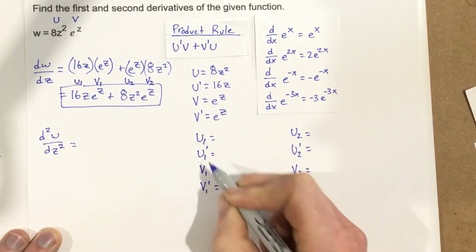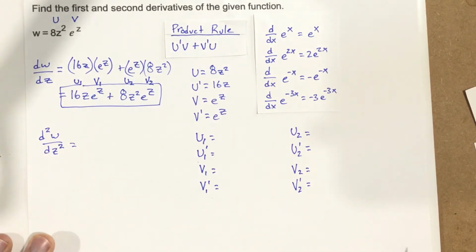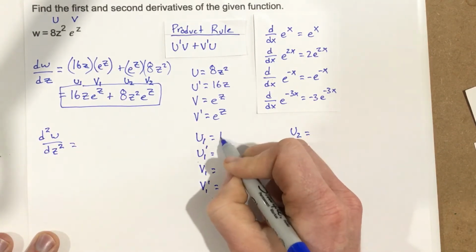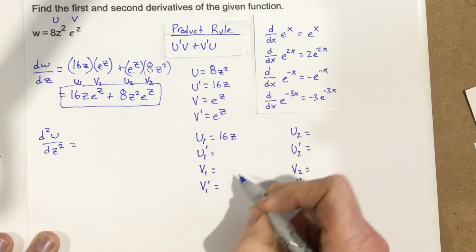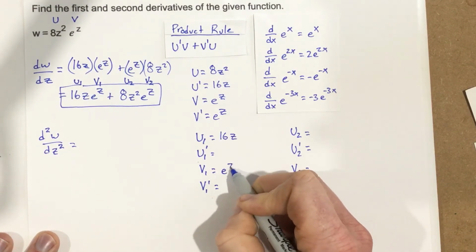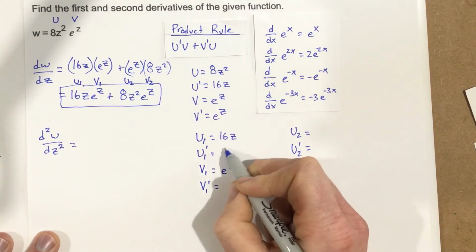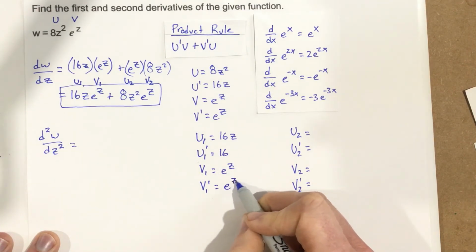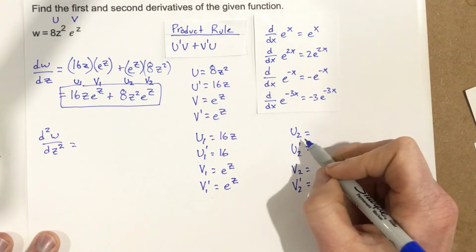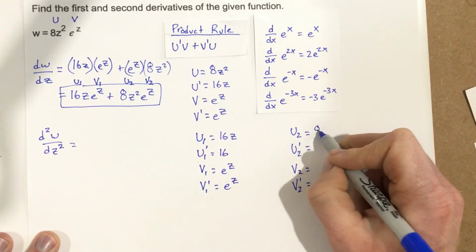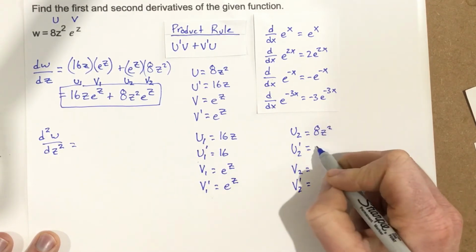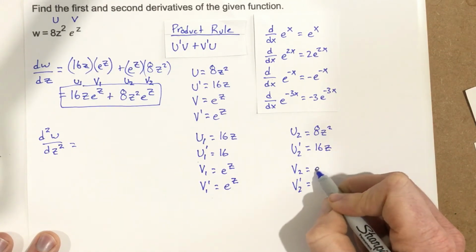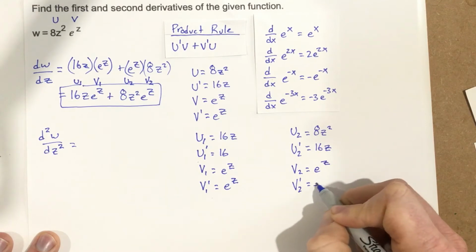I just decided to use the subscripts to figure this out. Let's start with 16z, so this is 16z. This is e to the z. So this will be just 16 here, and this will be e to the z when we take the derivative. For the second part, we have 8z squared. So this will be 16z. And then we have e to the z here, which will also be just e to the z.